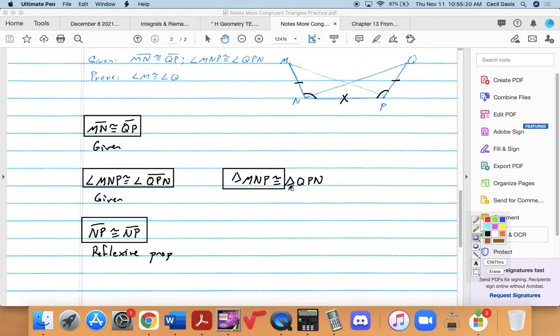Yeah, it's side angle side. And if that's the case, then notice that angle M and angle Q correspond to one another. So I can say that angle M is congruent to angle Q by the definition of congruent triangles.